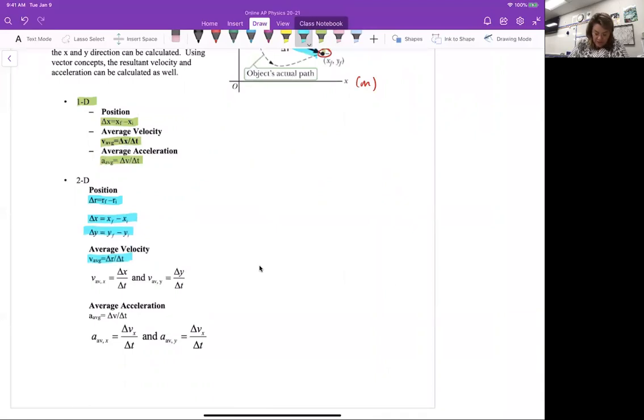And if we know the average velocity in the x direction and the average velocity in the y direction, we can actually create a little triangle and find that actual velocity in the r direction, we'll call it, which is basically, again, delta r, the change in position with respect to both dimensions divided by time. And then again, average acceleration can be broken into its x and its y.